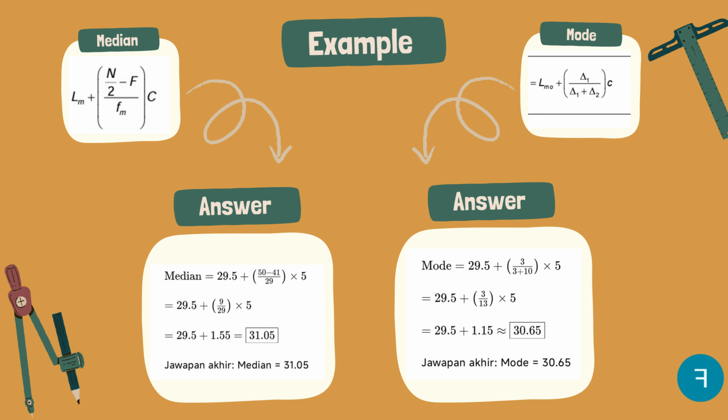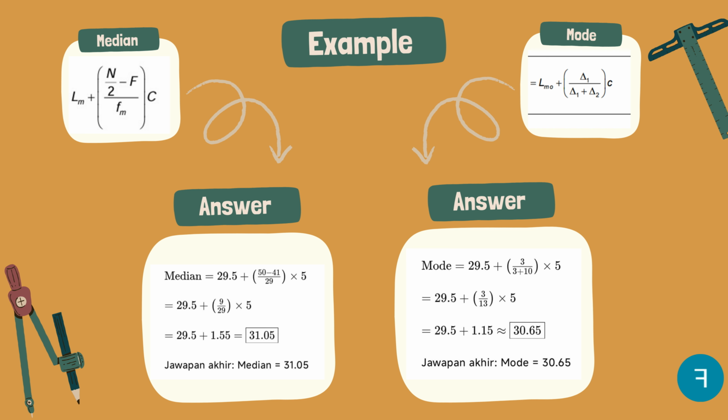Okay, after that, this is the example of mode question. First, we need to simplify in the bracket first and get the answer. Okay, next, the lower boundary 29.5 plus the 3 divided by 13 and multiply by 5.